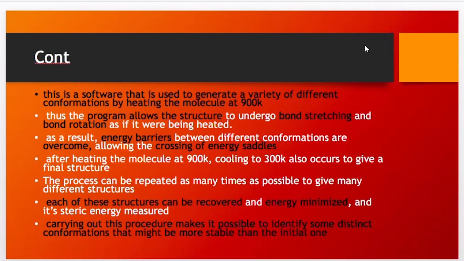After you've made your 10 structures, you can apply molecular dynamics to each and every one of these 10 structures so that you have different conformations for each of them.